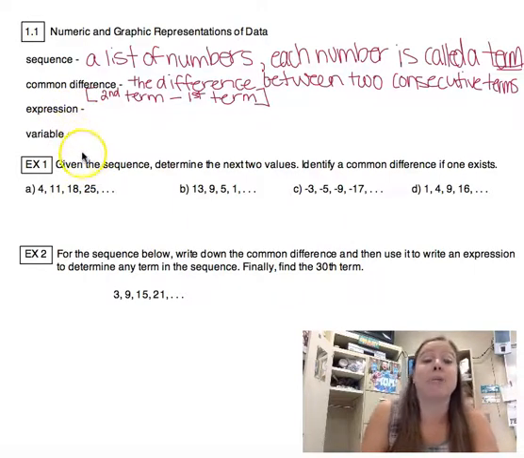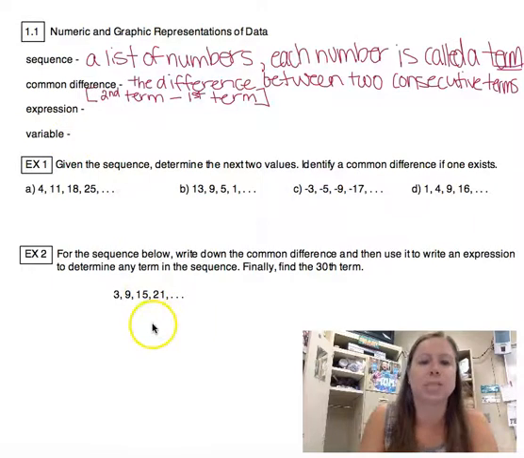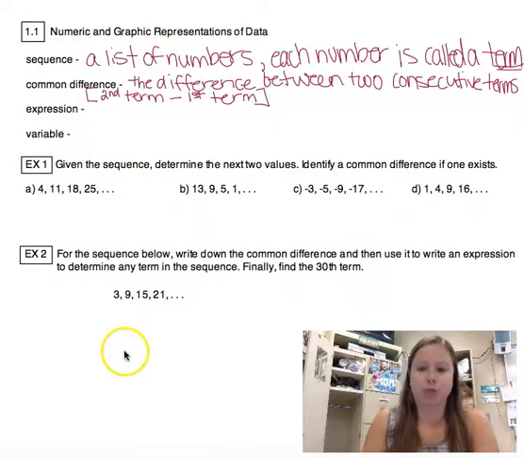Next thing we want to talk about is an expression, because you're going to be asked in ones like example 2 to write an expression that will give you any desired term of a sequence.